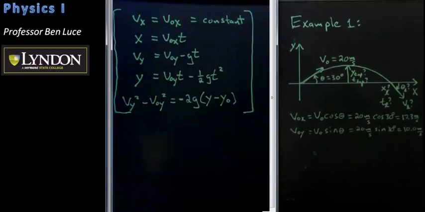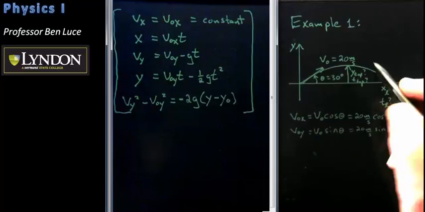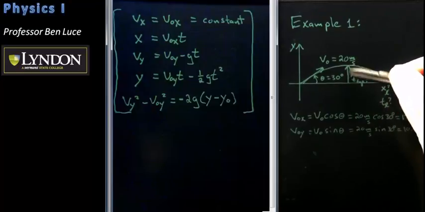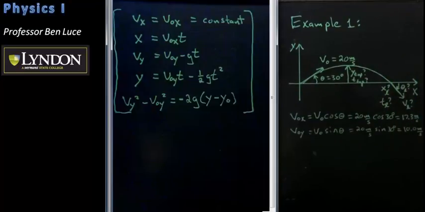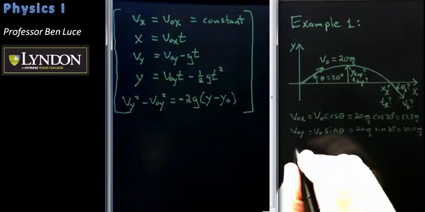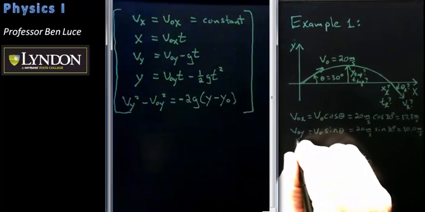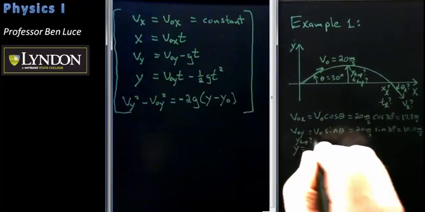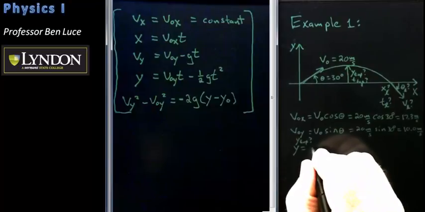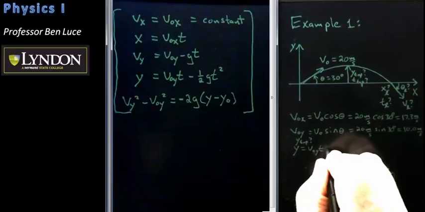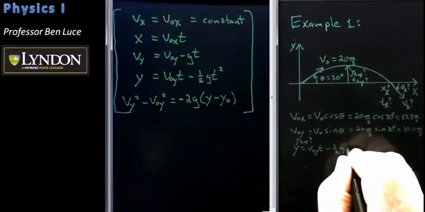So let's ask ourselves, first of all, how do we calculate y top? We might be tempted to go right to the y equation. So let's try writing the y equation. And let's put a note here, what we're seeking here: y top. So we write the y equation. y equals V naught y t minus 1/2 g t squared.